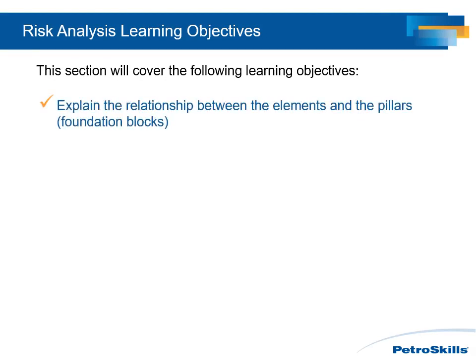The first is based on risk-based process safety, which is the current generation of process safety management, which was developed by the Center for Chemical Process Safety in the 1980s, and which is now commonly used in several different forms and adaptations across much of the industrialized world. This learning objective is based on an overview of RBPS, which is provided by the CCPS.